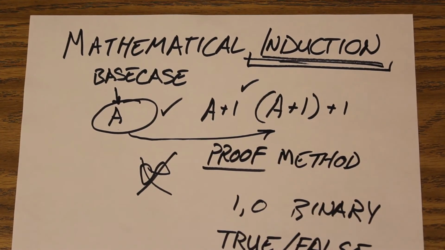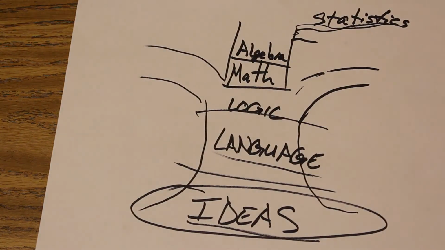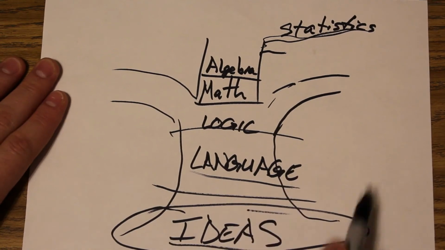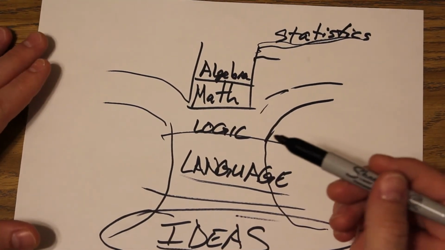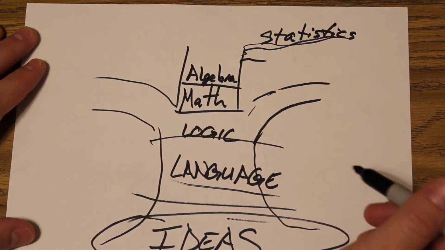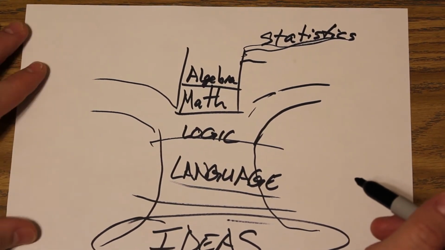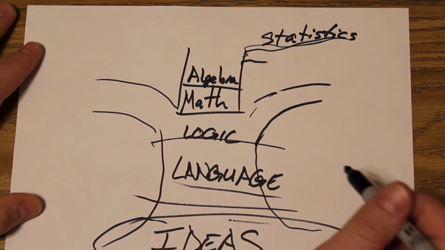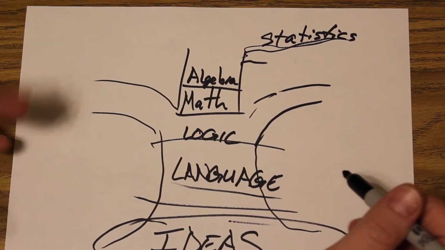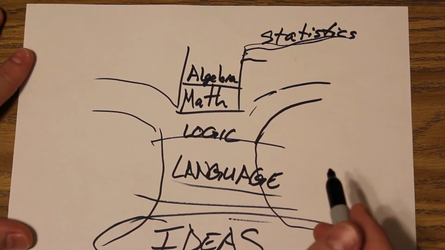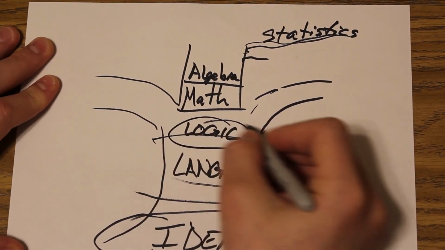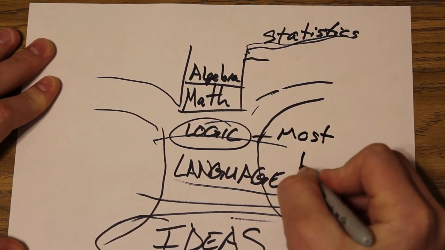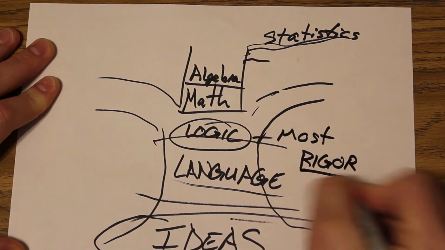All right, so going back to this tree idea, you've got your language that describes all these ideas, and it can be done rigorously in logic, and then in math and algebra, and then anything else, whether it's German, French, Spanish, all those languages, they have their own rules. Logic is the most rigorous.